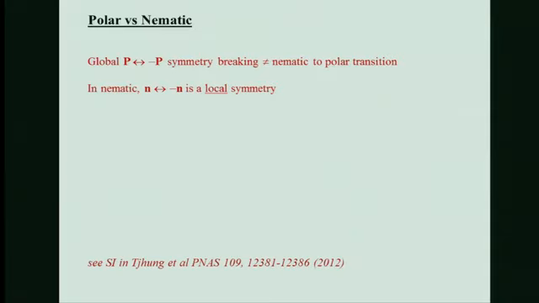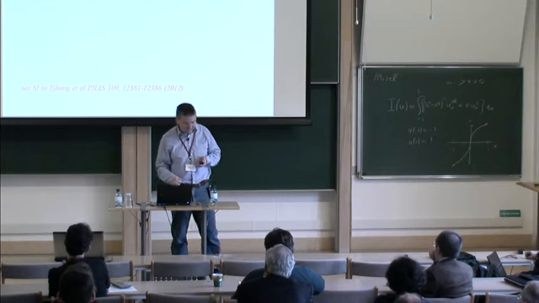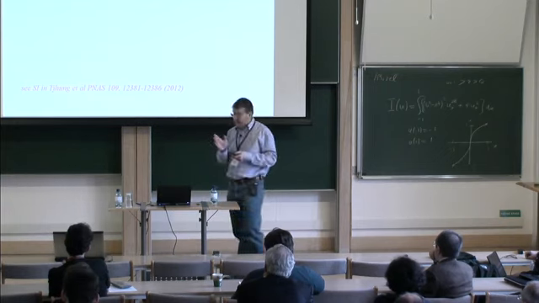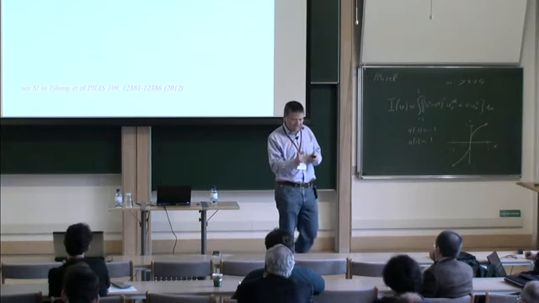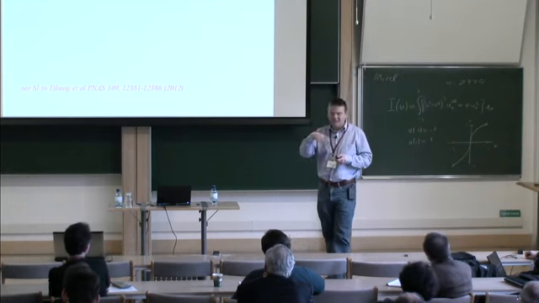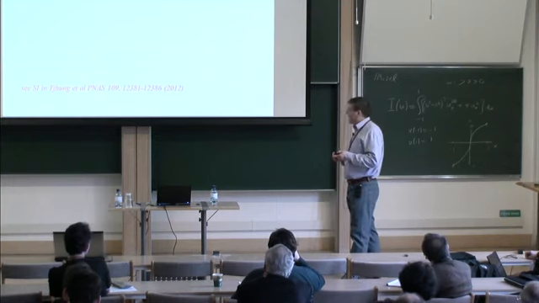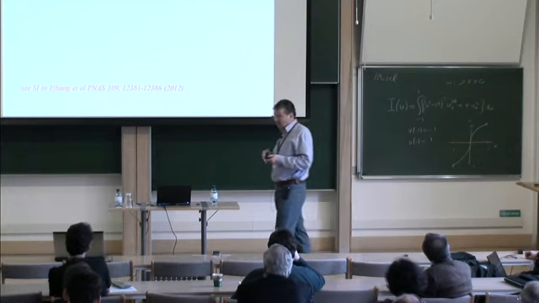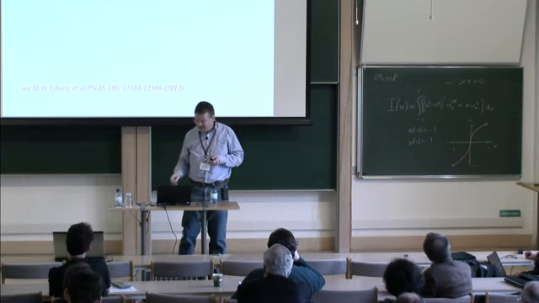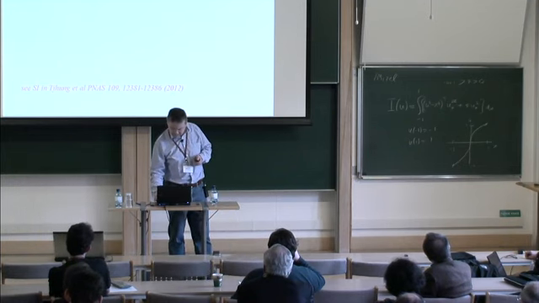The point being that in a nematic, there's an intrinsic symmetry between the director and its negative, which is local. And a global symmetry and a local symmetry are not the same. So it's very important to realize that if you have actin with an alignment, even if it's not doing this kind of self-propulsion along its own direction, that's still a polar liquid crystal. It has integer instead of half-integer defects, for example.